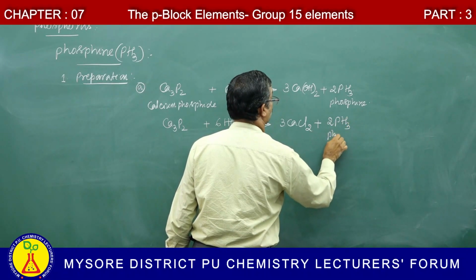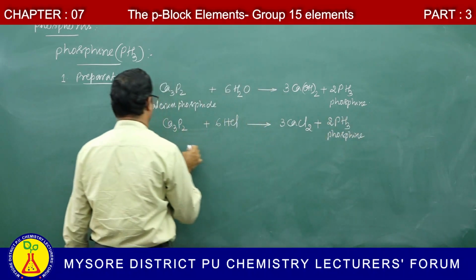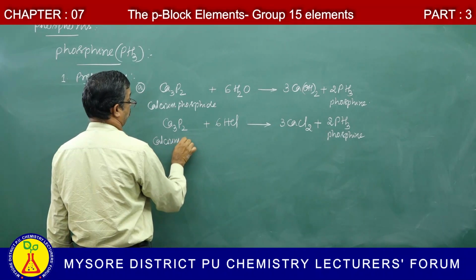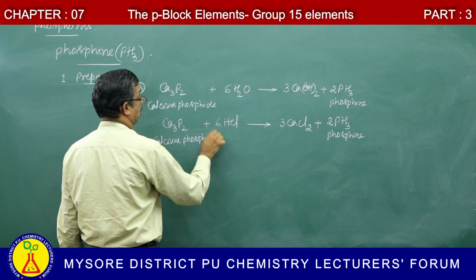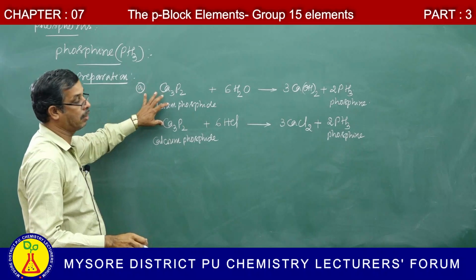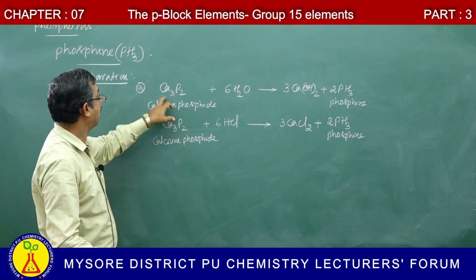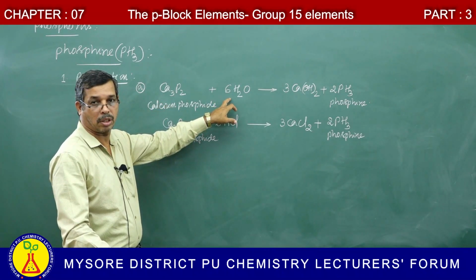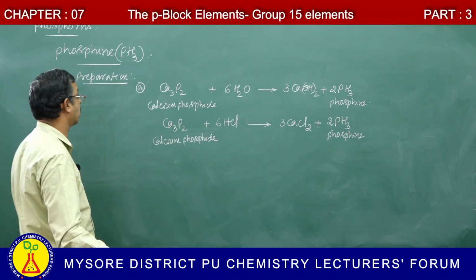Once again, this is phosphine, and this is calcium phosphide. This is one of the important methods of obtaining phosphine. By treating calcium phosphide either with water or with dilute HCl, we can obtain phosphine gas.